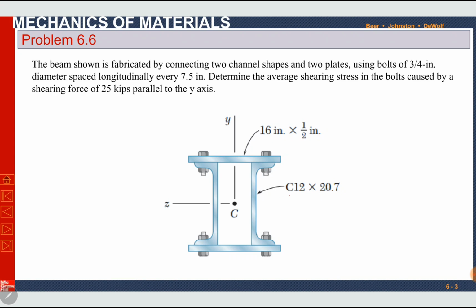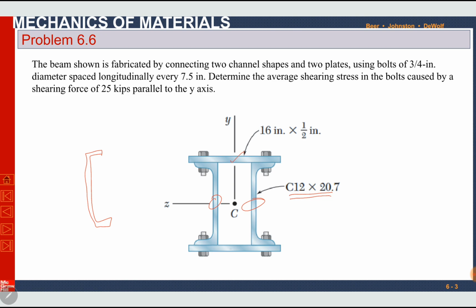Here are two channel sections, this one and this one. They are in the shape of C. They're called channel sections. The standard is C12 into 20.7. We can find the dimensions and the moment of inertia of this beam from the appendix in the book.